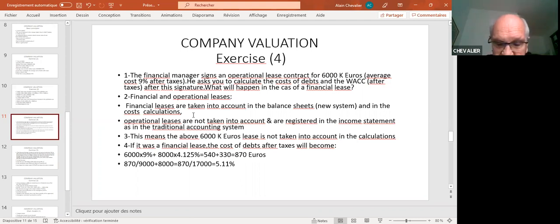The traditional accounting system didn't integrate the lease contracts in the balance sheets. It took into account only the monthly or yearly total payment in the income statement.